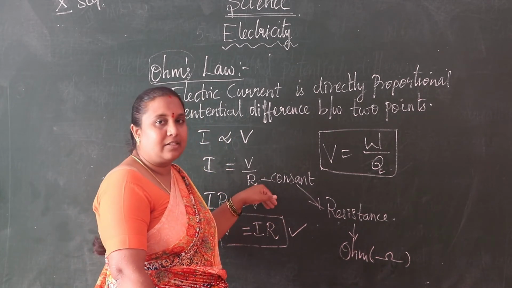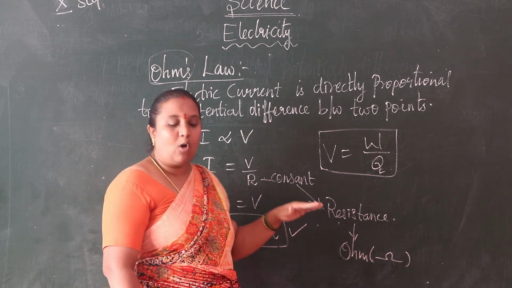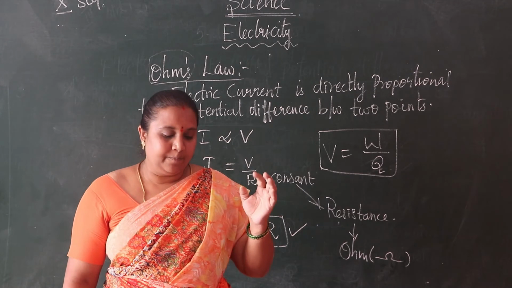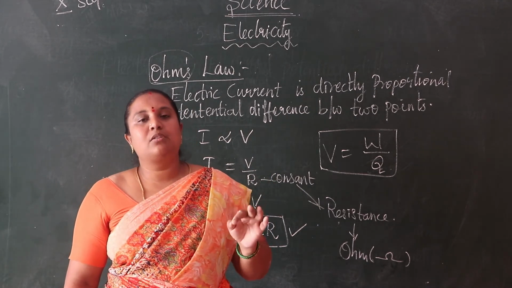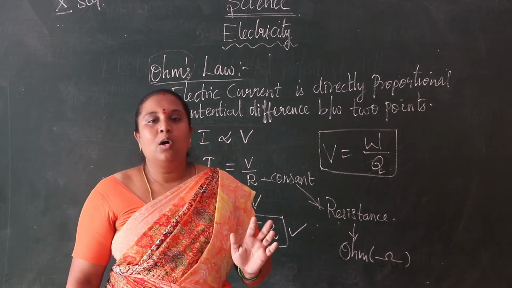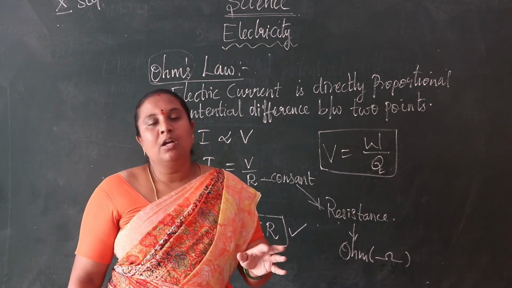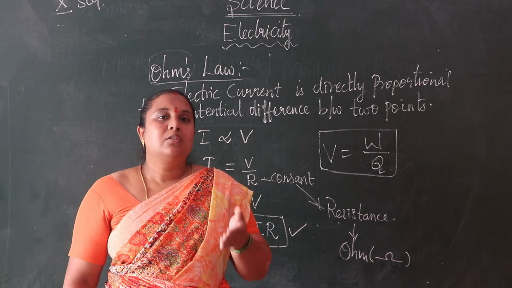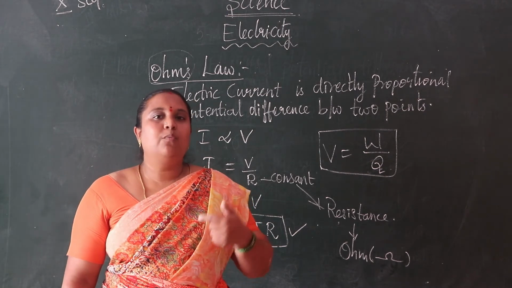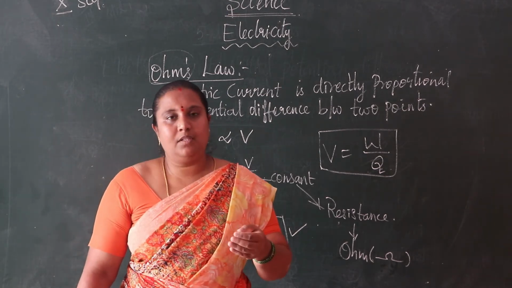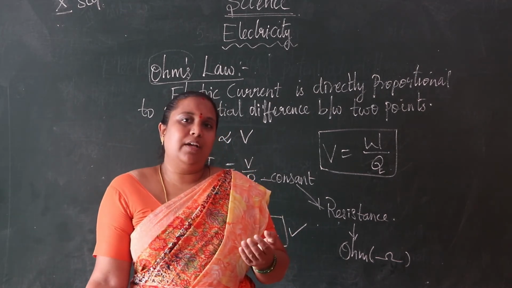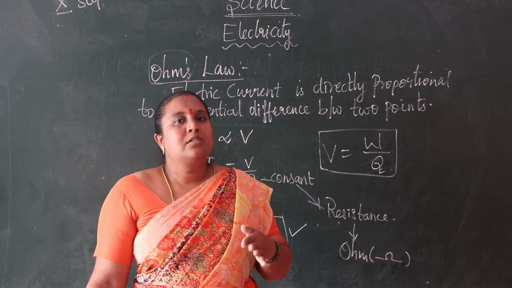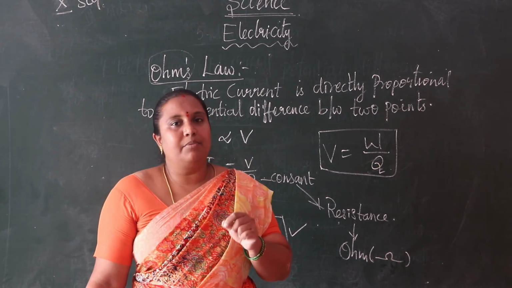And what is resistance? The component that is used to resist the flow of current in a circuit is called a resistance, a resistor. We are using electronic gadgets in our houses, and for that we use stabilizers.